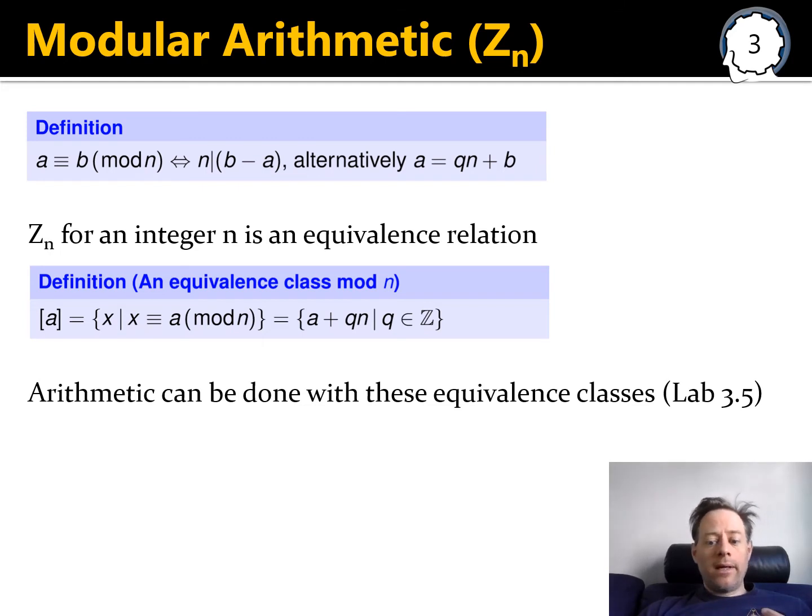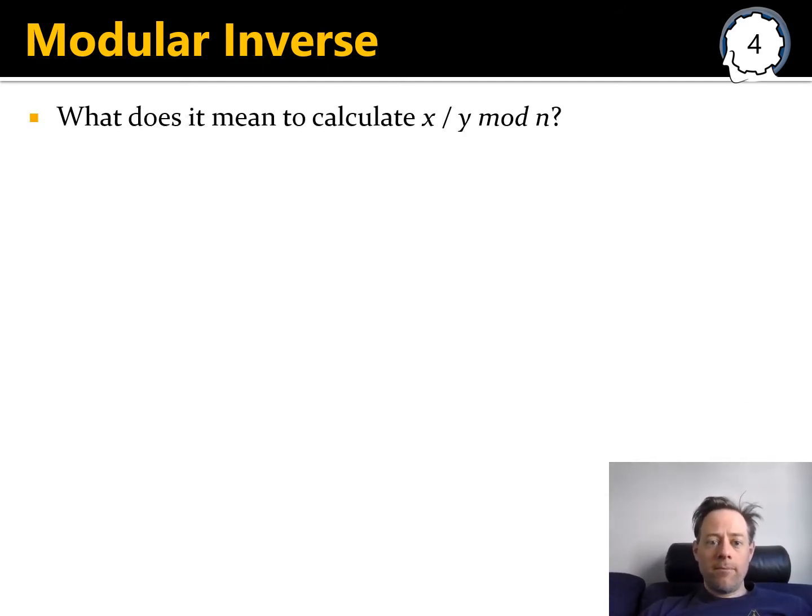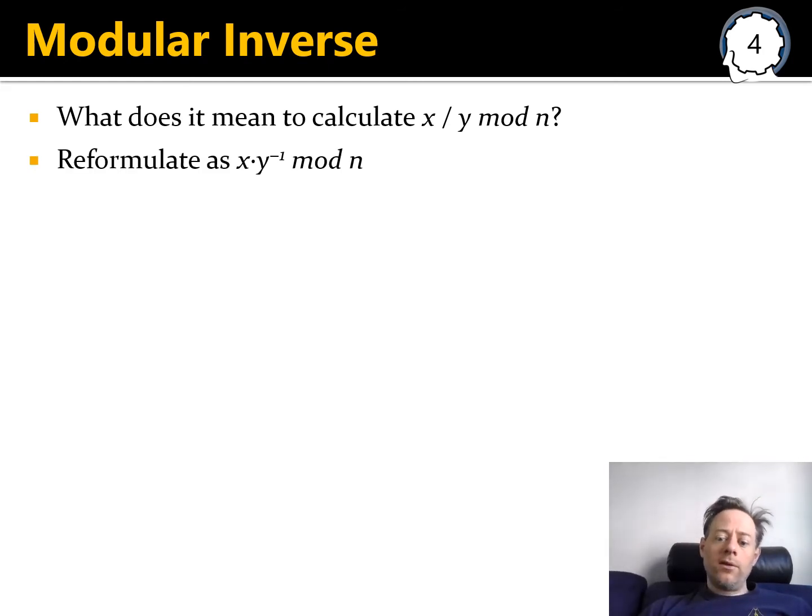And doing plus, doing minus, and doing multiplications is very straightforward. The only thing that's a bit less straightforward is the modular inverse. So here we have the question of what does it mean to calculate x divided by y modulo n. What we can do here is to reformulate it. So instead of dividing, we're multiplying.